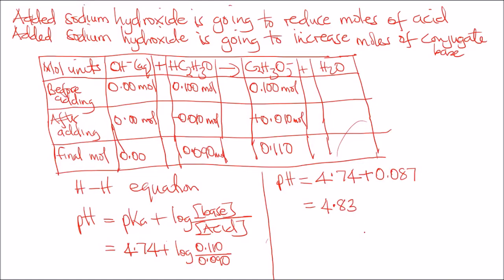So this is based on the assumption that we are still using 1 liter of the solution. So the addition of the OH did not change the volume of the solution.